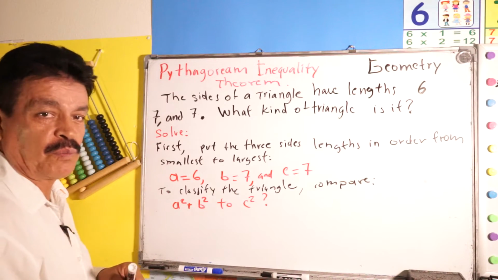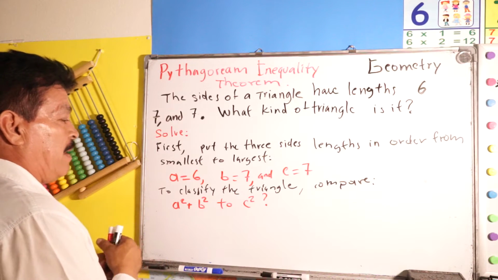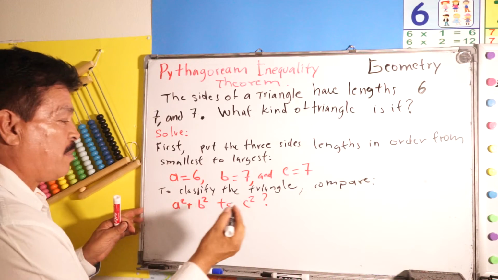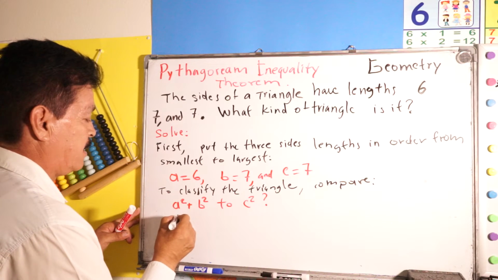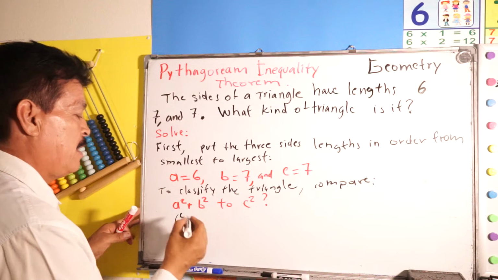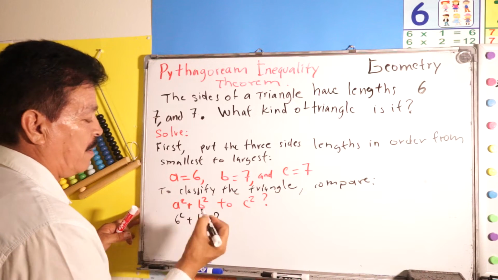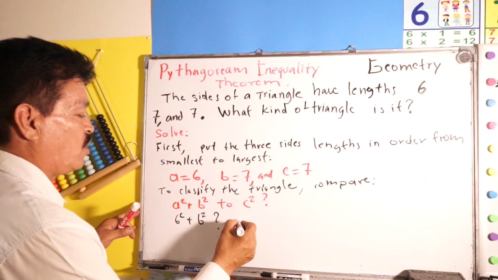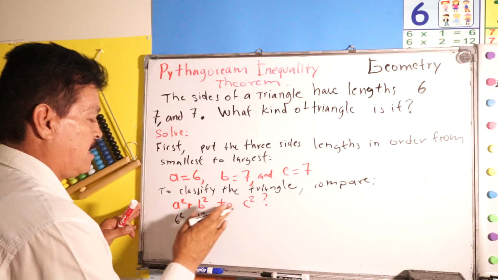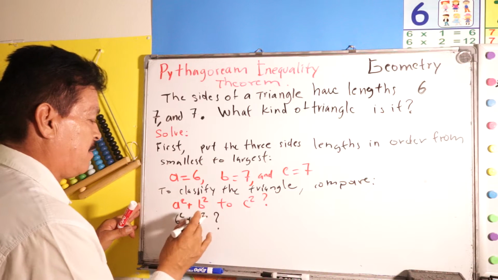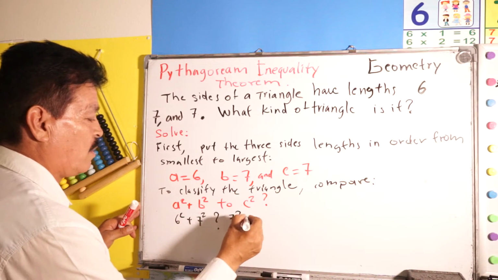So now we have the numbers. In this case, a is 6 to the second power plus b, 7 to the second power, and we compare that to c, 7, to the second power.